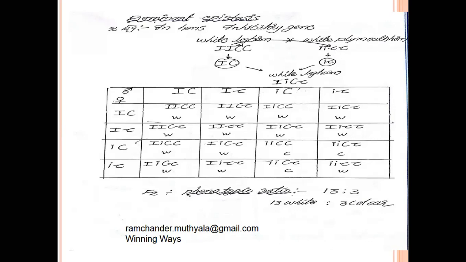So these three genes are called hypostatic genes, and the epistasis is in the dominant position.